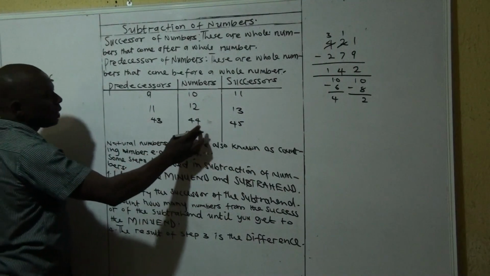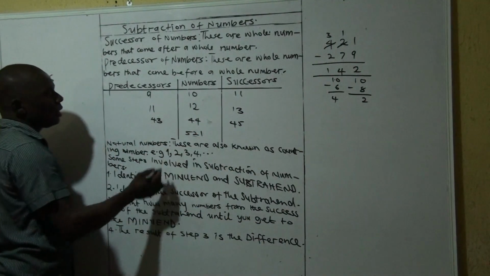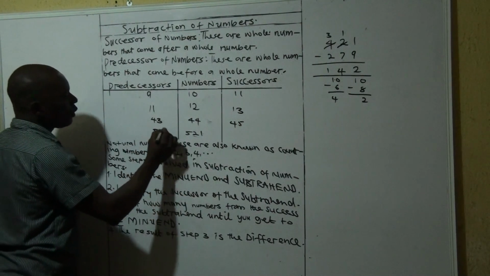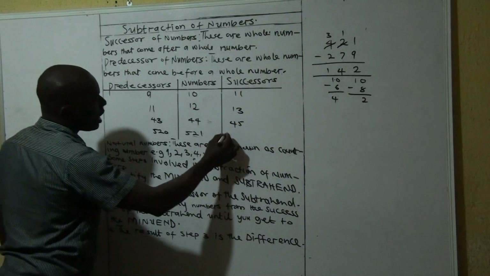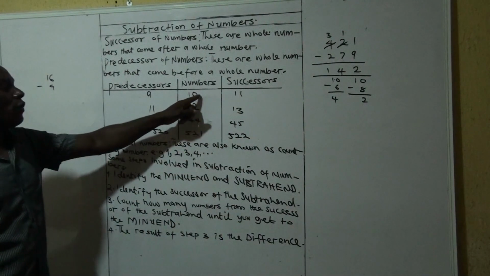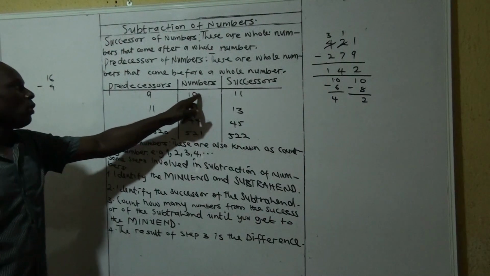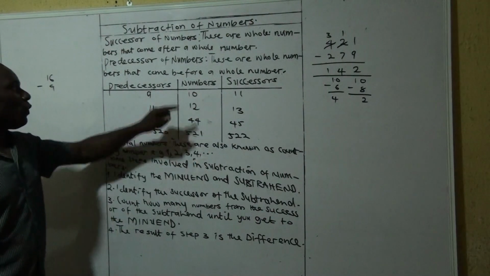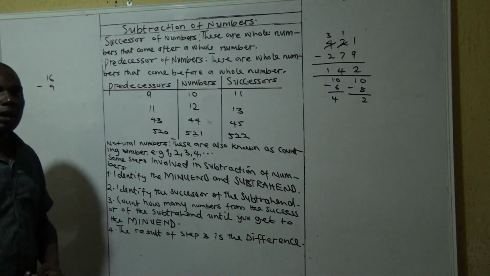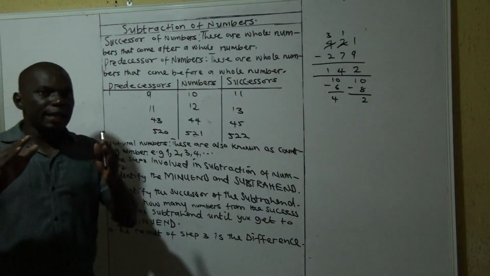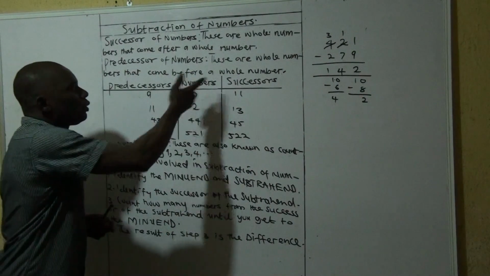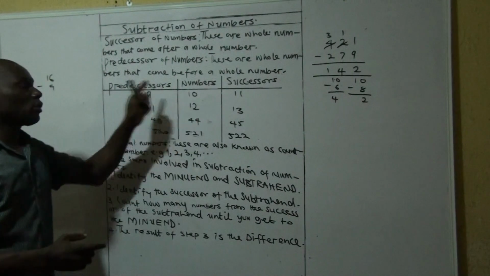Then 521: the predecessor of 521 is 520 and the successor will be 522. For the successor of a number, you just add 1 to the number. But for the predecessor, you subtract 1 from the given number. Add 1 to the number to give you the successor, subtract 1 from the number to give you the predecessor.